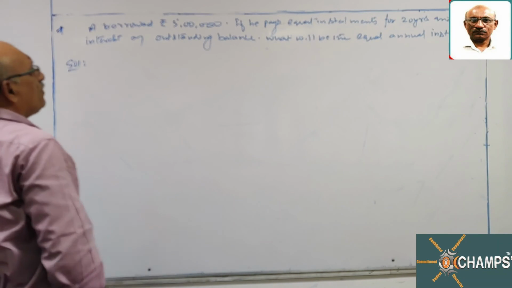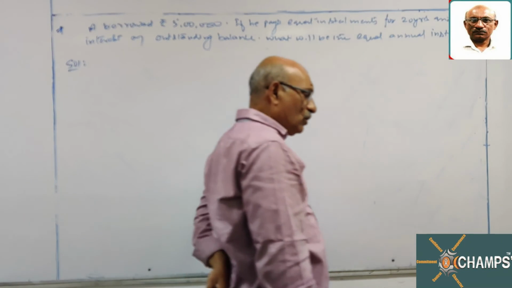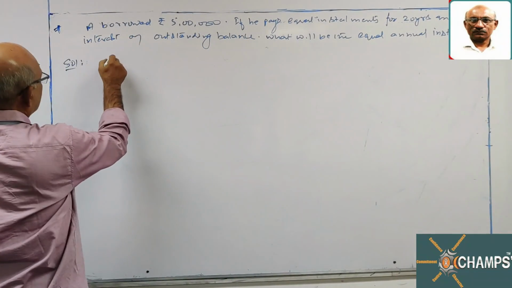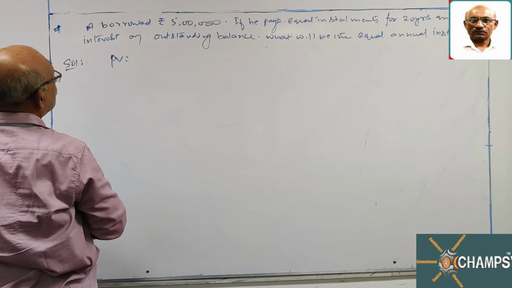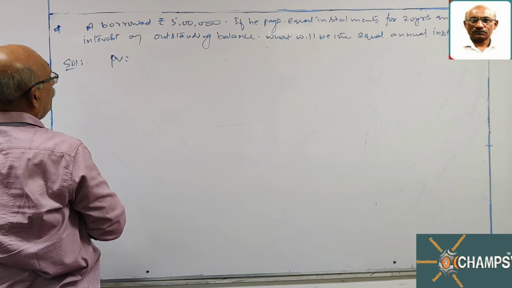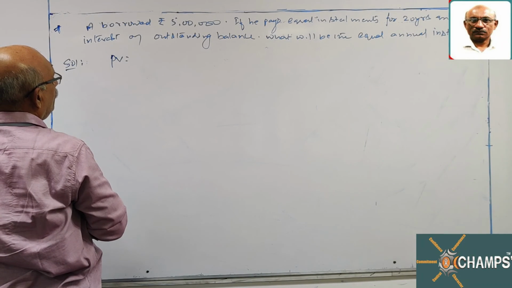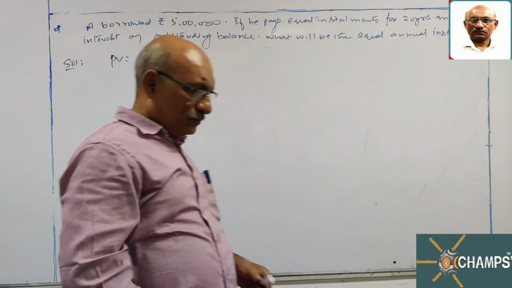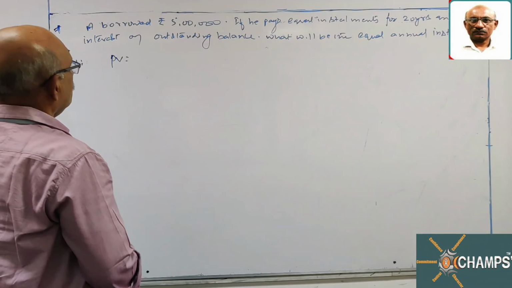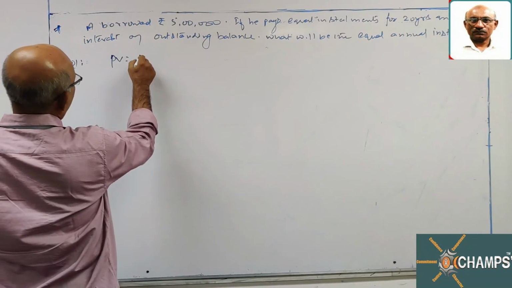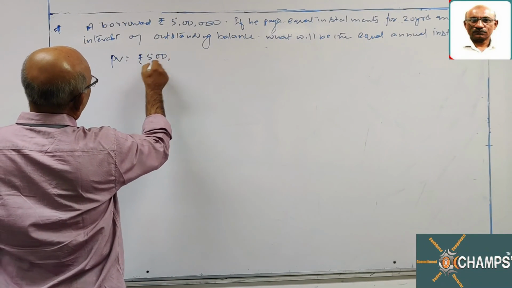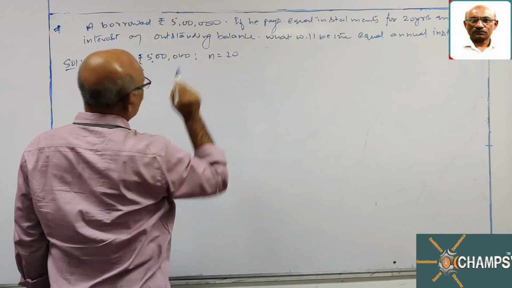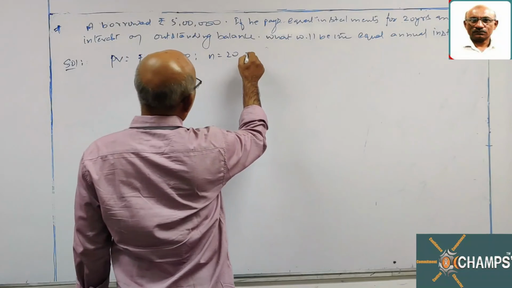Now it is a loan problem. Borrowed means loan. What is the present value of loan? Rupees 5 lakhs. N is equal to 20, in 20 installments.